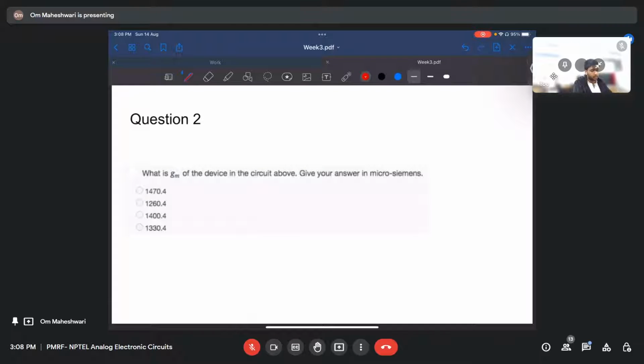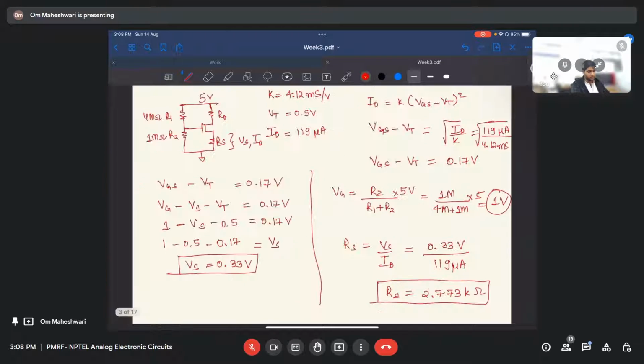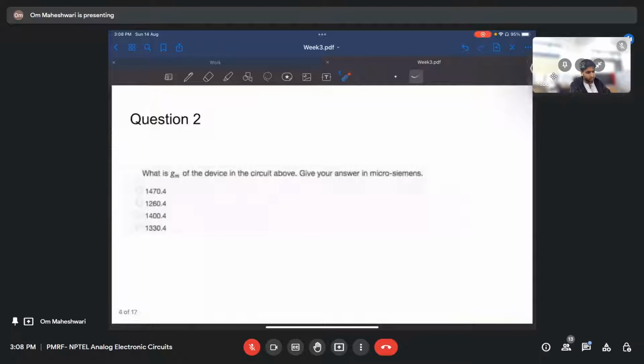Okay, so for this same circuit, we now have to find gm. I hope you remember what gm is. gm is transconductance.